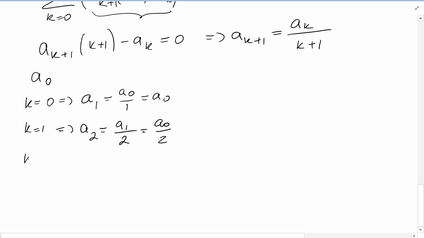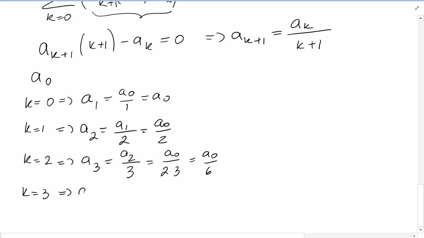If k equals 2, we get a sub 3 equals a sub 2 over 3, which equals a sub 0 over 2 times 3, which is a sub 0 over 6. If k equals 3, we get a sub 4 equals a sub 3 over 4, which is a sub 0 over 24. But we can notice that this is a sub 0 over 2 factorial, this is a sub 0 over 3 factorial, this is a sub 0 over 4 factorial.